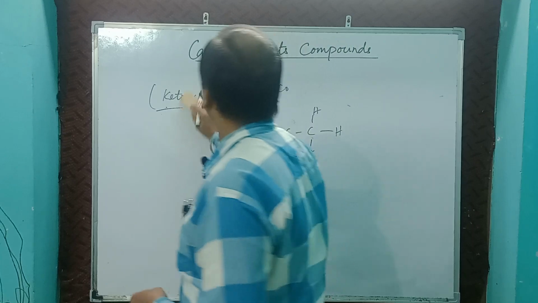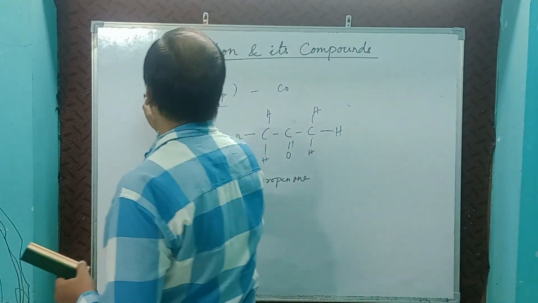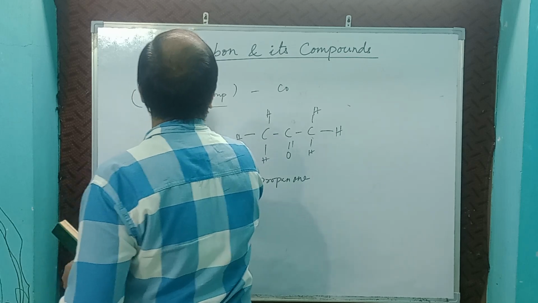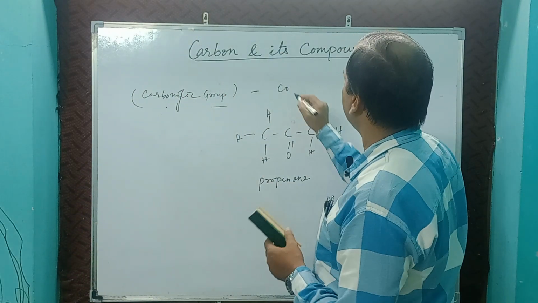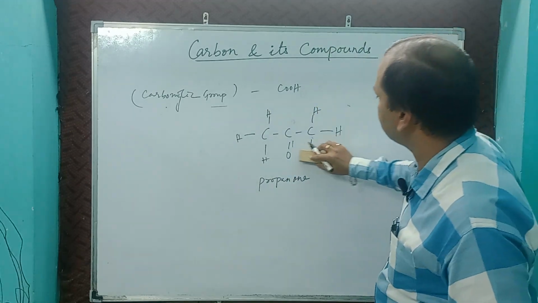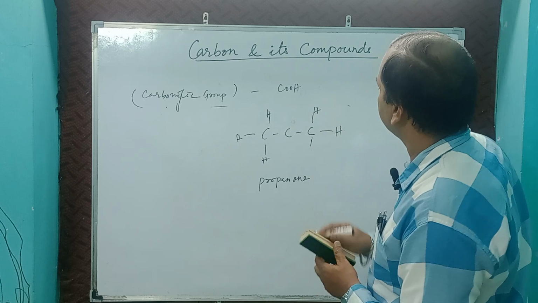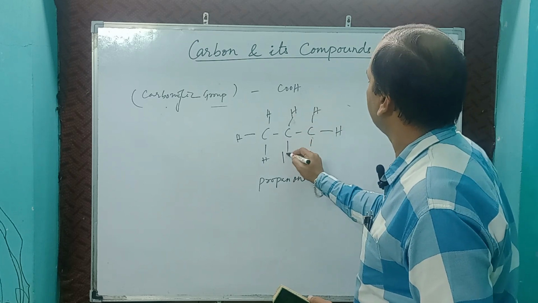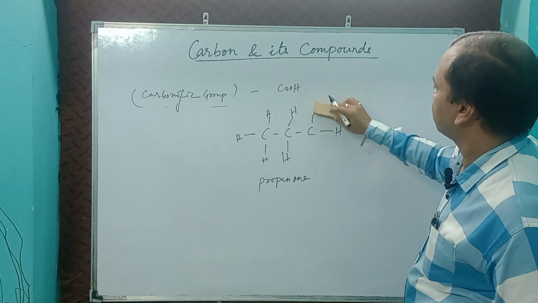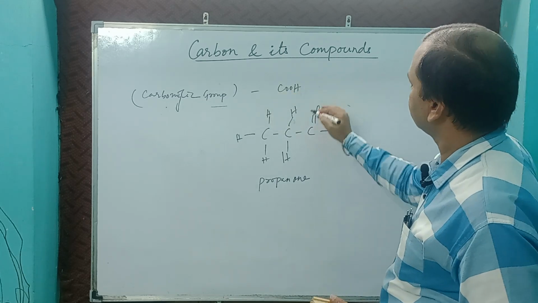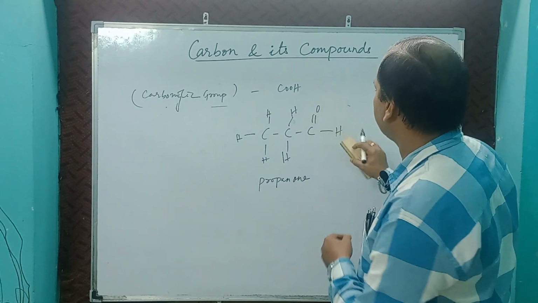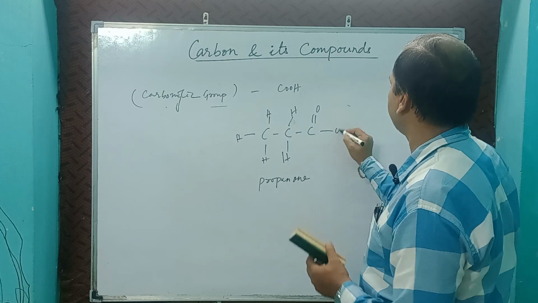Now it is the carboxylic group, COOH. If the group is COOH, then we have to erase all these H's. It is CO, and another OH will be here.